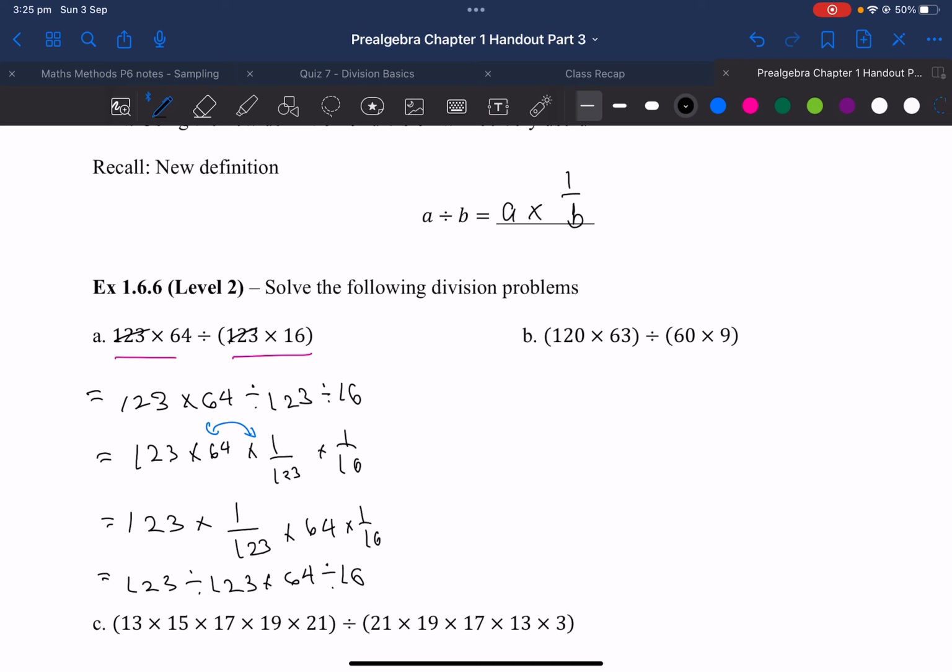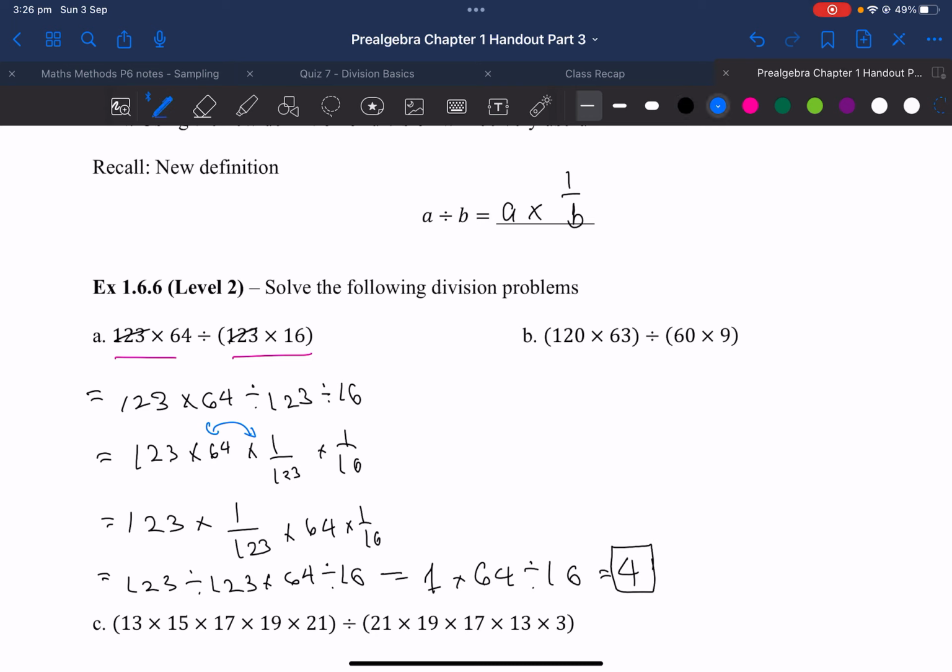When that happens, 123 divided by 123 is 1, times 64 divided by 16, which is 4. That's a proper proof behind it.